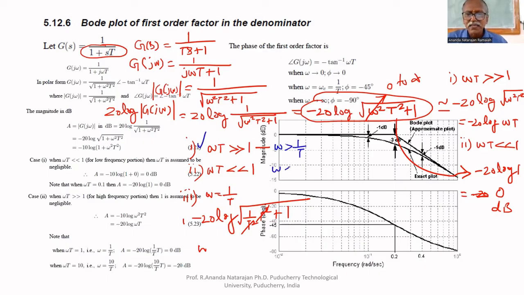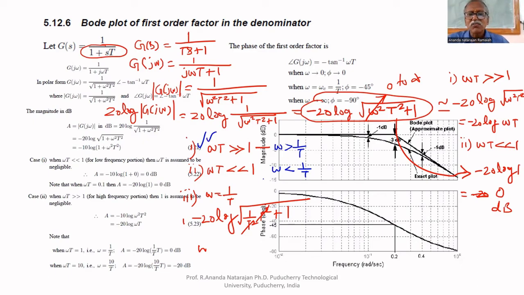When omega is less than 1 by tau, it comes under this category. Because when omega equal to 1 by tau, it becomes 1. Therefore, when omega is greater than 1 by tau, it comes under this category.